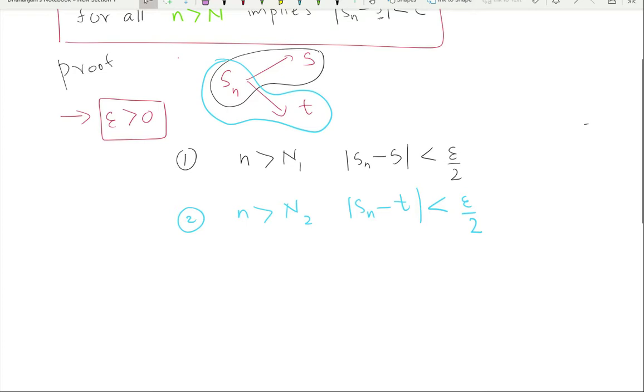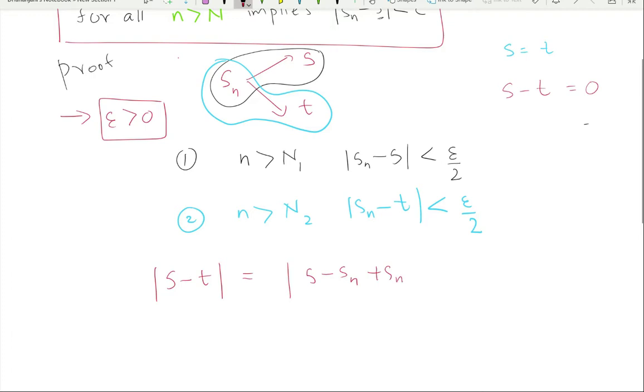Now remember our goal. Our goal is to show that S is equal to T, meaning that they are the same real number. So S equals T means S minus T is 0, right? If they are the same thing. So let's try to find out what the absolute value of S minus T is. Now I'm going to use a trick. In between S and T, I'm going to insert minus Sn, and I'm going to add plus Sn.